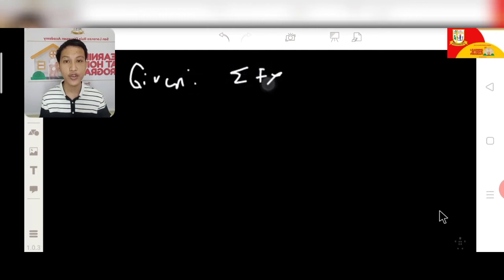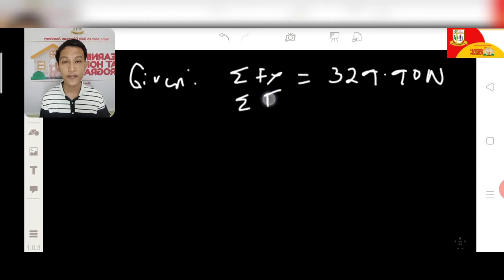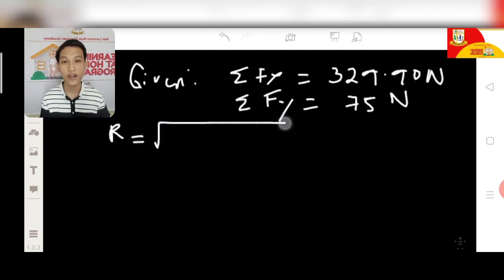We have summation of F_x is equal to 329.90 newtons, and for summation of F_y, we have 75 newtons. Okay, so now we will use the Pythagorean theorem to calculate the magnitude R of the resultant vector.